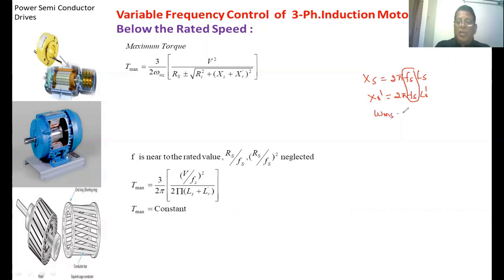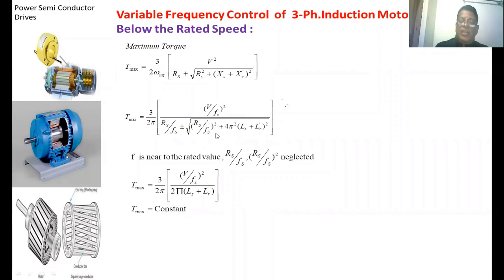Omega s we can write as 2 pi Fs. So when you take F common here, F is there, Fs is there. So in the denominator we can find the F square, which we bring to the numerator, as we can see in the equation. This is the equation deduced from the first equation.